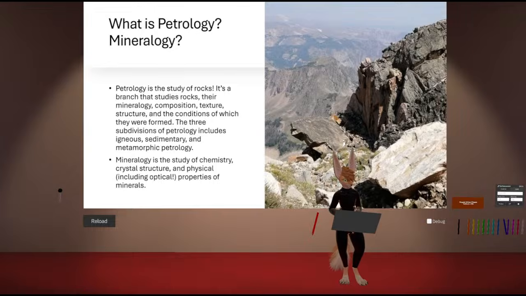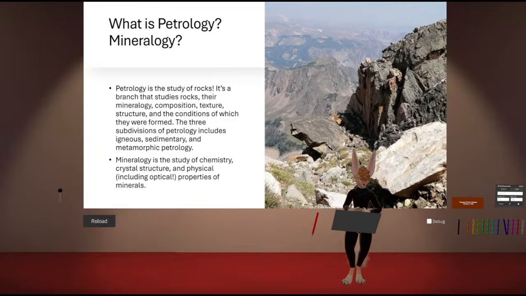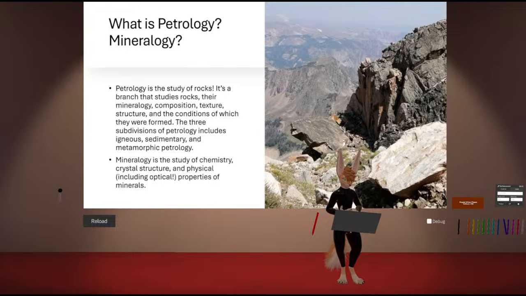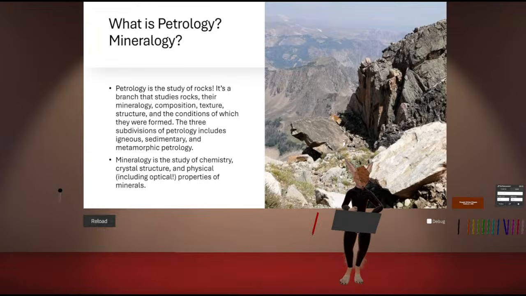There are three subdivisions of petrology: igneous petrology, sedimentary petrology, and metamorphic petrology. And mineralogy is the study of the chemistry, crystal structure, and the physical, including optical, properties of minerals. It's just to give us a general understanding before we move forward.